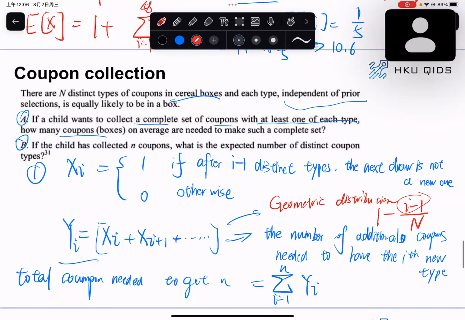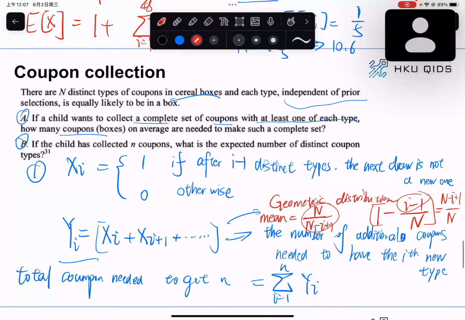So according to the definition of geometric distribution, the mean is just the expected number we need, which is n over n minus i plus 1, because this one is equal to n minus i plus 1 over n, and then it's just the inverse of that, okay?